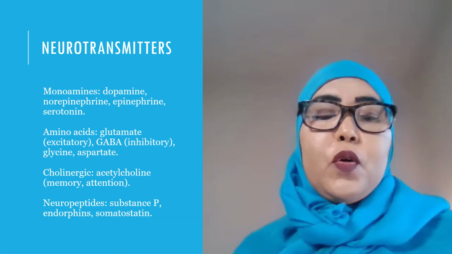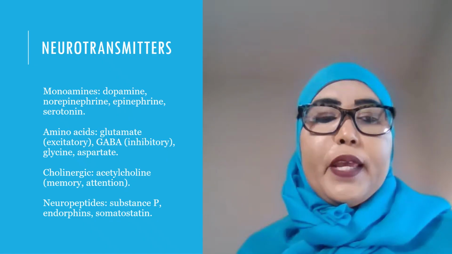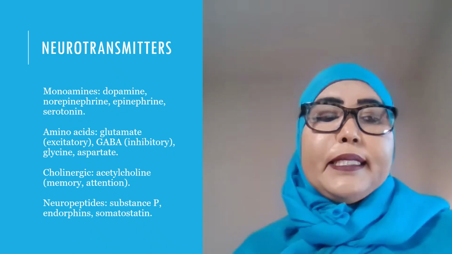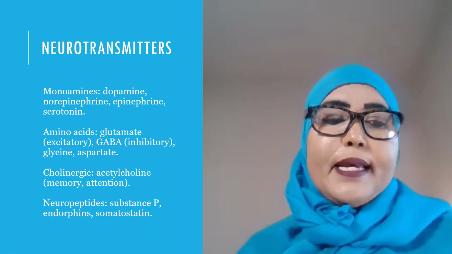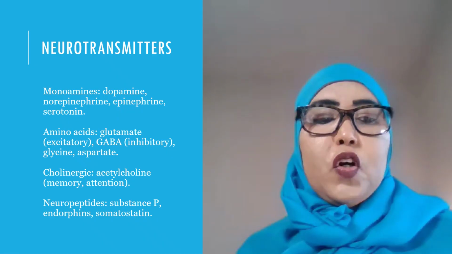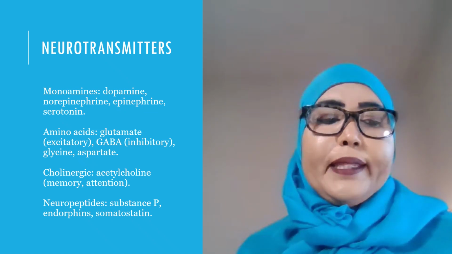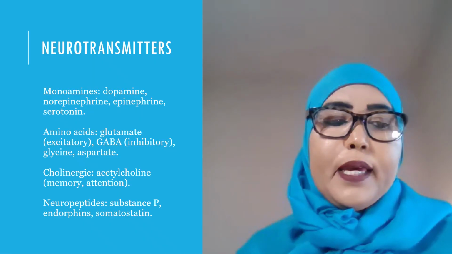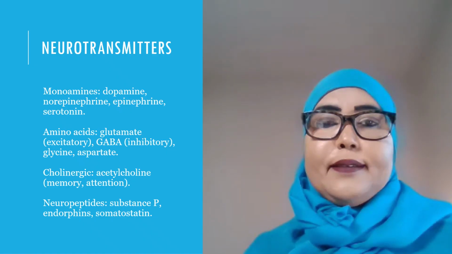Amino acids include glutamate, which is excitatory, GABA, which is inhibitory, glycine, and aspartate. Cholinergics include acetylcholine, which improves memory and attention. Neuropeptides include substance P, endorphins, and somatostatin.